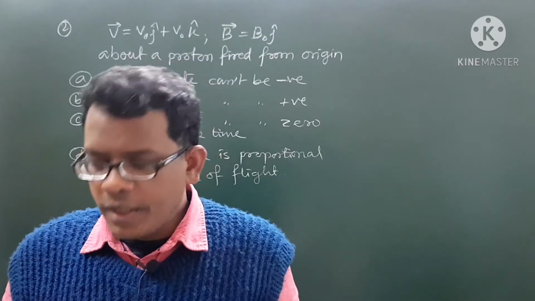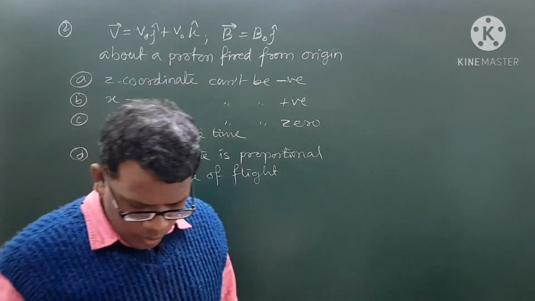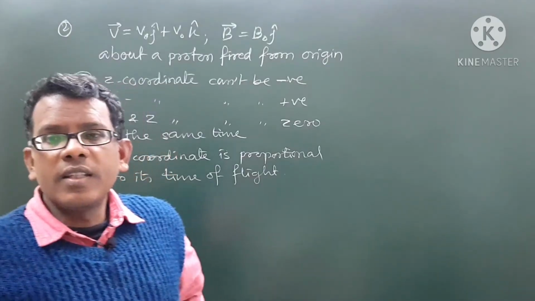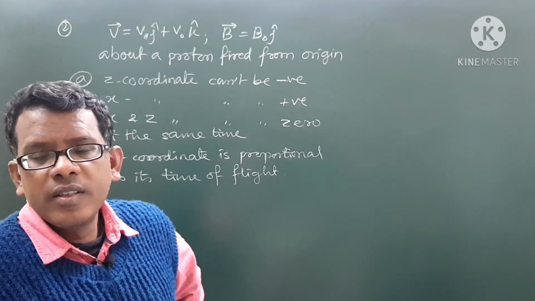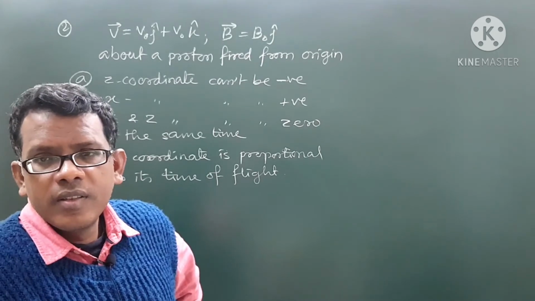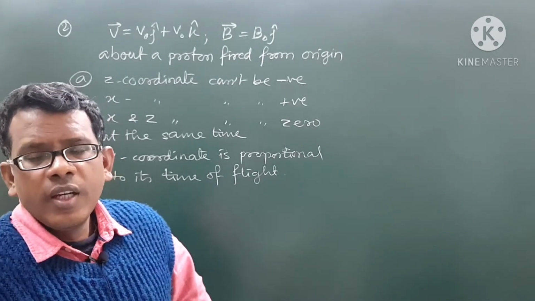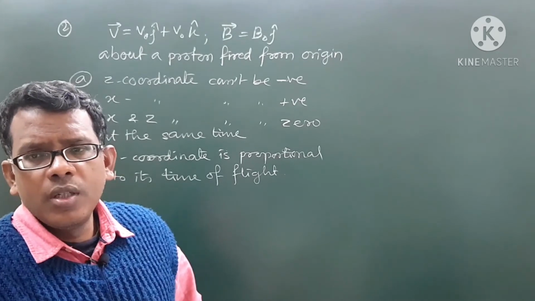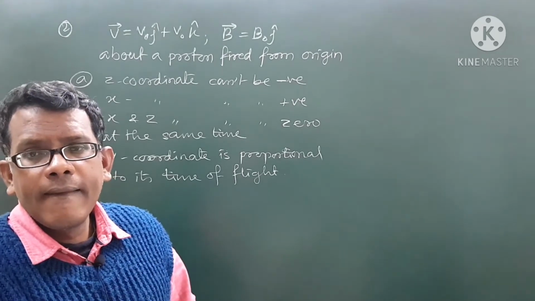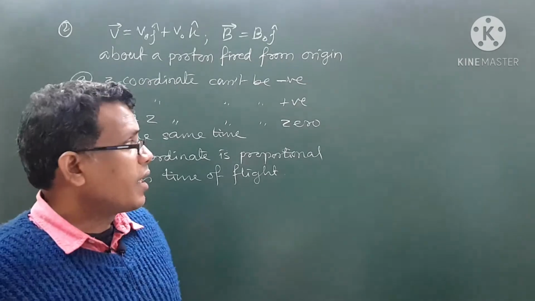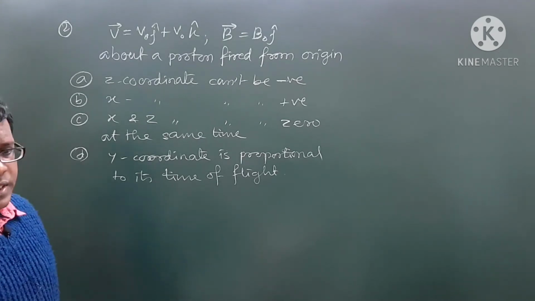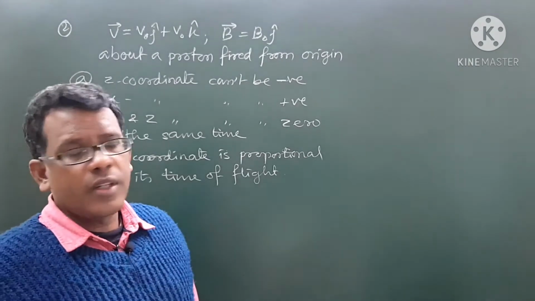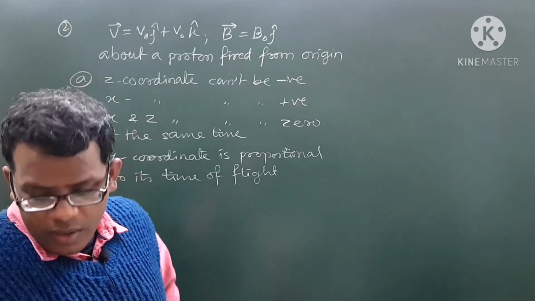Is there any other answer? Yes, y coordinate will also be proportional to time of flight. So you said that x coordinate can't be positive because it starts from the origin and makes a helical path with the y axis. Will it be a circular motion? No, sir, helical. Correct, the path will be helical, because the velocity is in the yz plane and makes 45 degrees with the magnetic field.